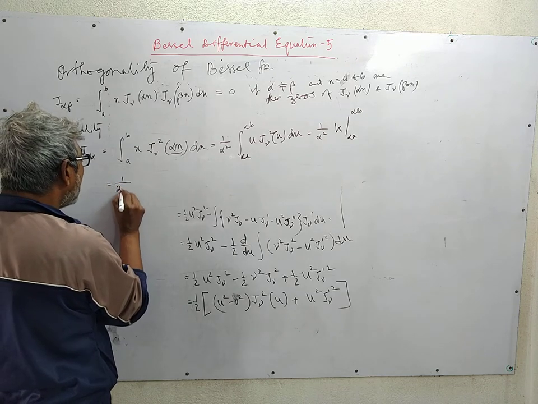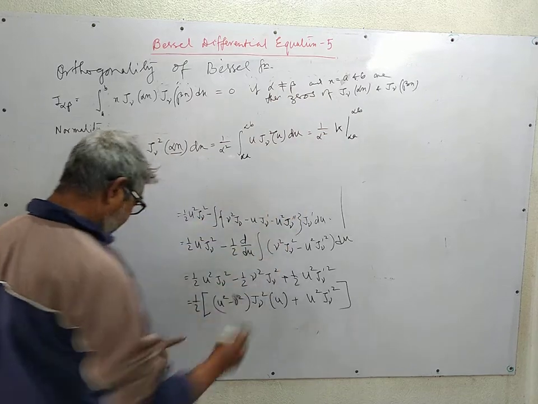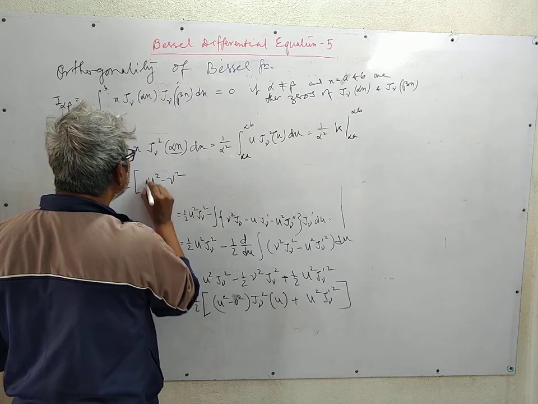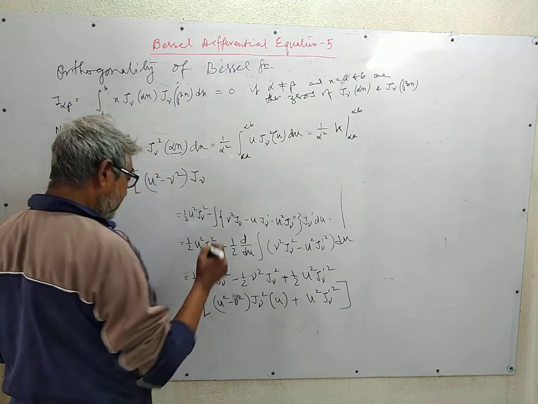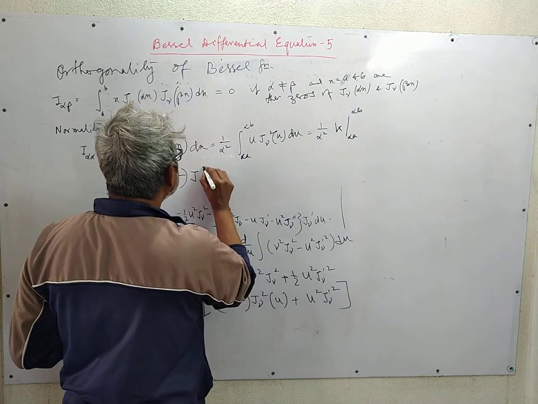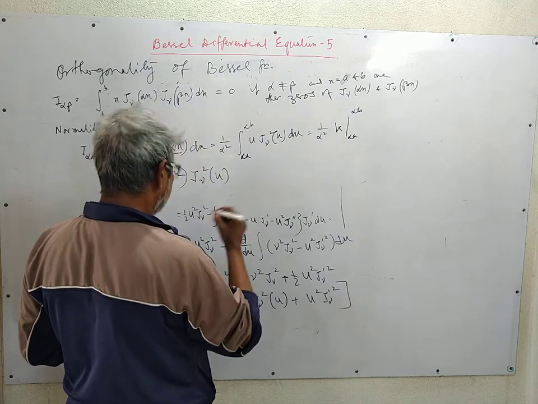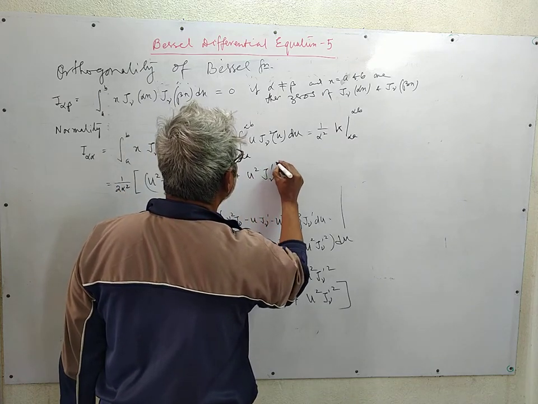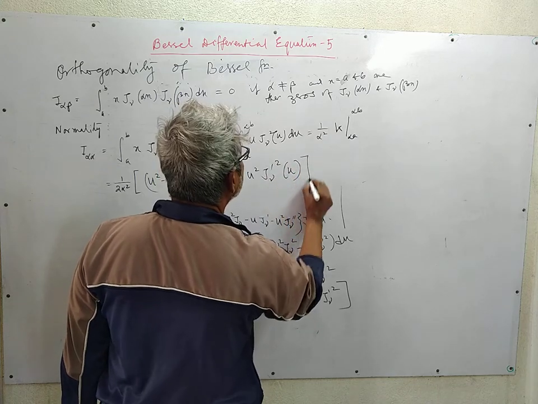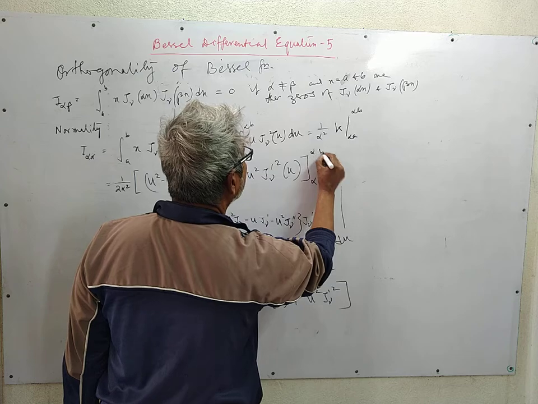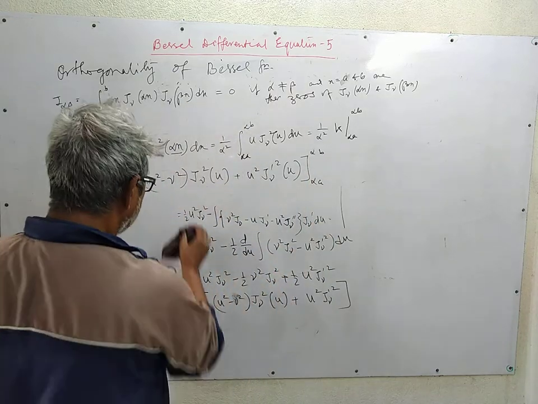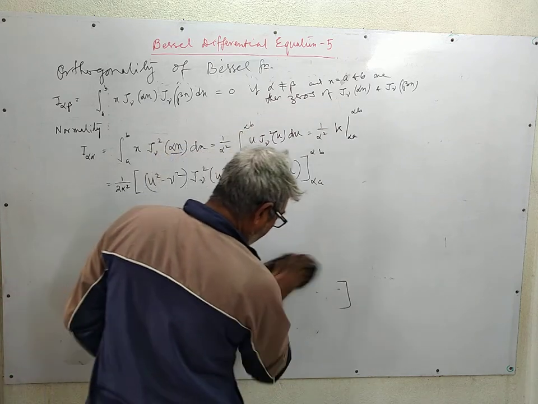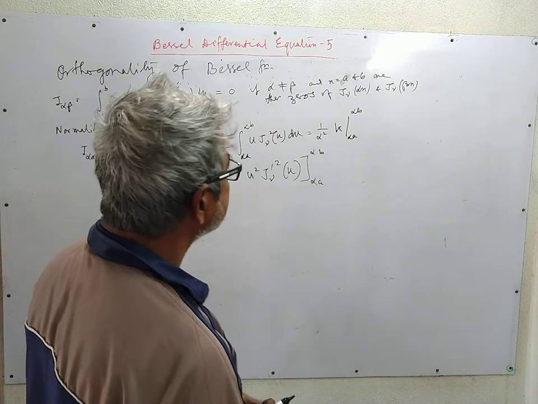So this quantity becomes one by 2 alpha square. Alpha square were there and 2 is factor from there. (u square minus nu square) J_nu square of u plus u square J_nu prime square of u within limit alpha a to alpha b. As per our choice, alpha a and alpha b are the zeros of Bessel functions.